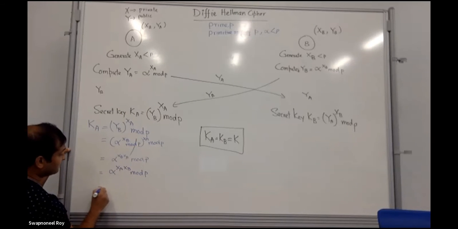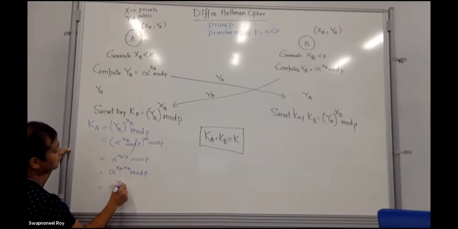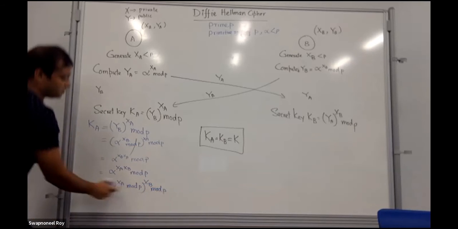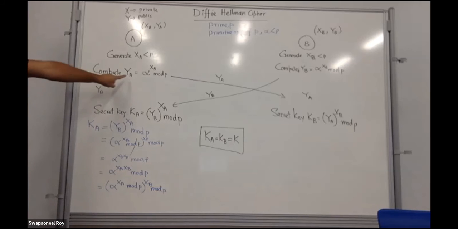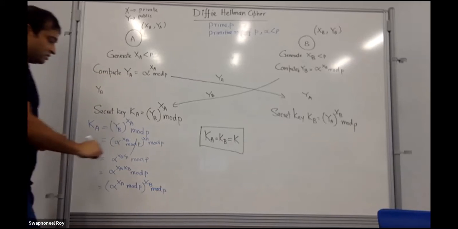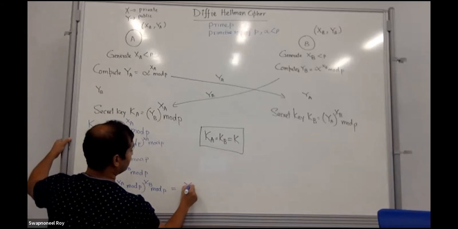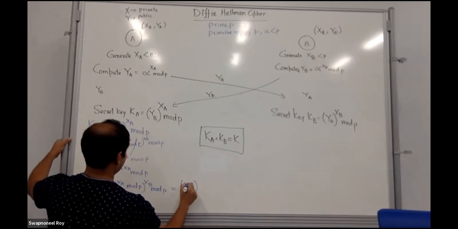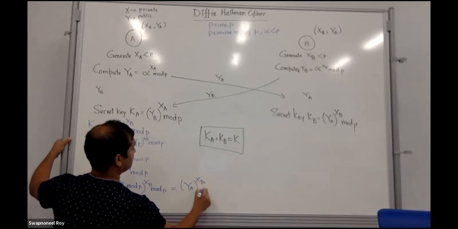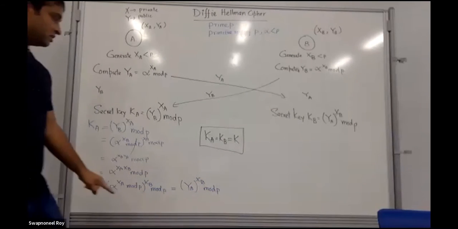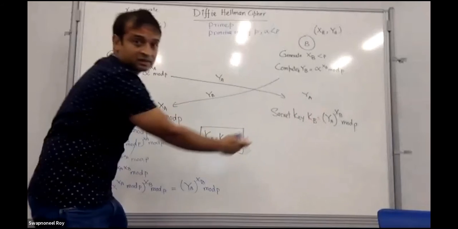So this becomes (alpha to the Xa mod P) to the Xb mod P. And what is alpha to the Xa mod P? It's Ya. So this value is Ya to the Xb mod P, which is essentially equal to Kb.